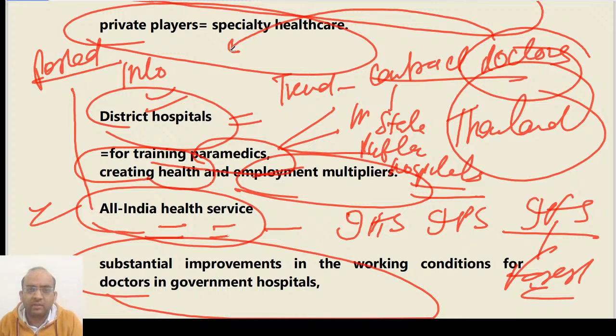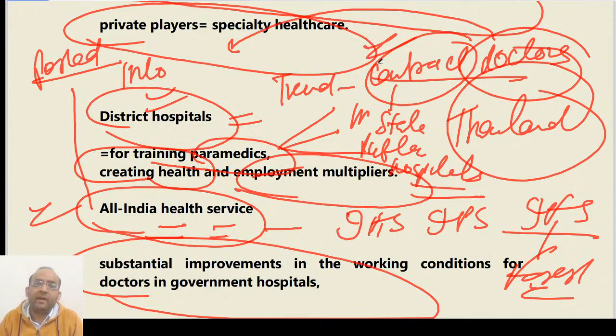Why? Because they do not have any security, not only economic security and social security, but also physical security. Since they are contract doctors, they are subject to frequent violence by patients, especially when a patient's family member dies during treatment. So that is why doctors are unsatisfied working in the government sector, public sector.